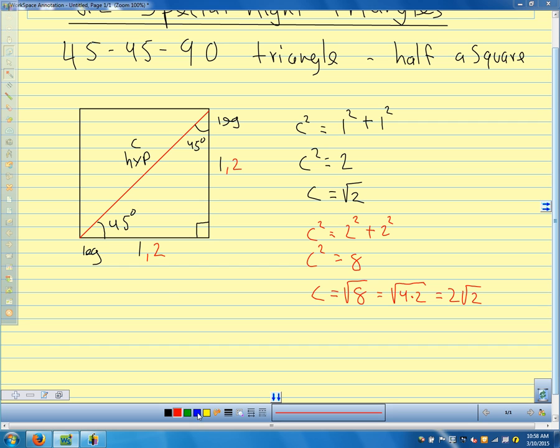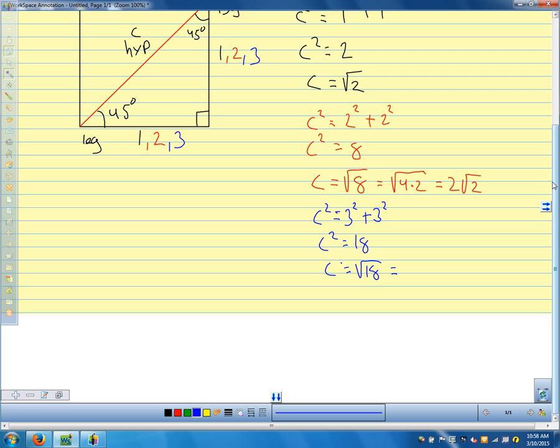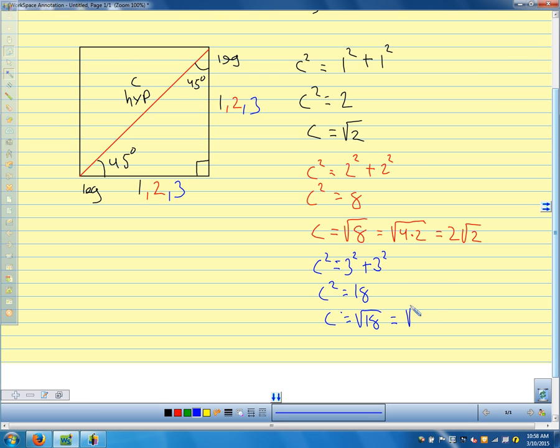Let's do one more, and then I think we'll see the pattern. Let's make the side length 3. So C squared equals 3 squared plus 3 squared, which is 9 plus 9, which is 18. We take the square root of both sides, the square root of 18, and we can separate that into two numbers. We can take the square root of 9 easily. So we get 3 square root 2.